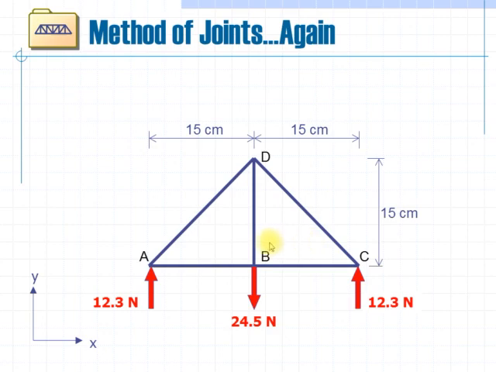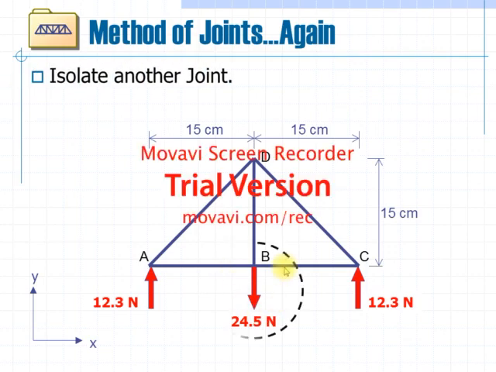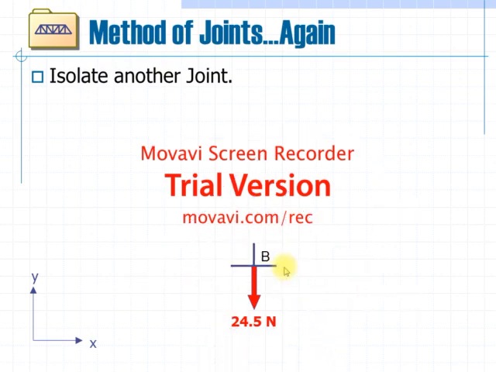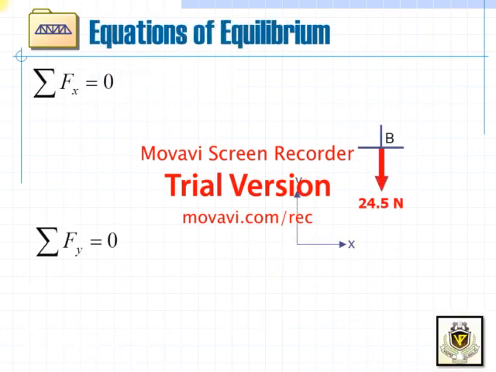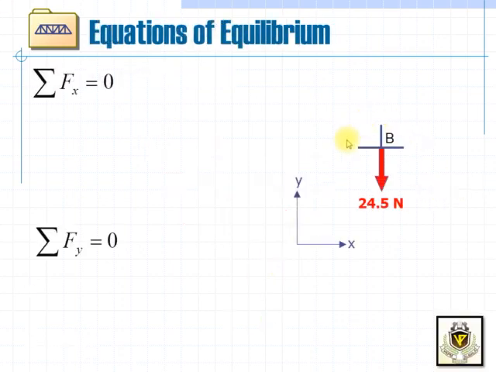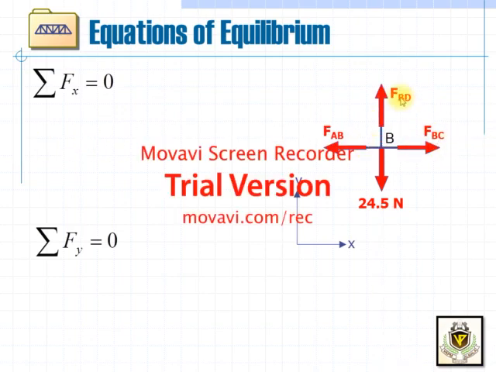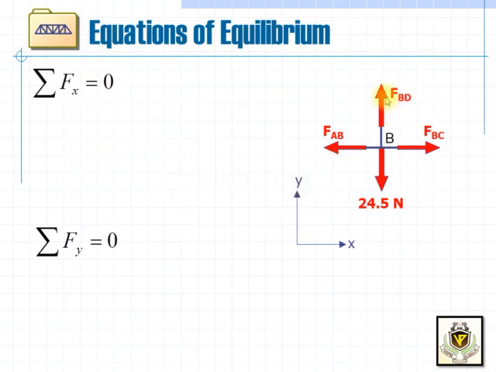Now we consider the second joint, joint B, and isolate that joint. For further calculation, we draw a free body diagram of joint B and calculate the other forces, which are FBC, FBD and FAB, in which 24.5 Newton acts in the downward direction and FBD in the upward direction.